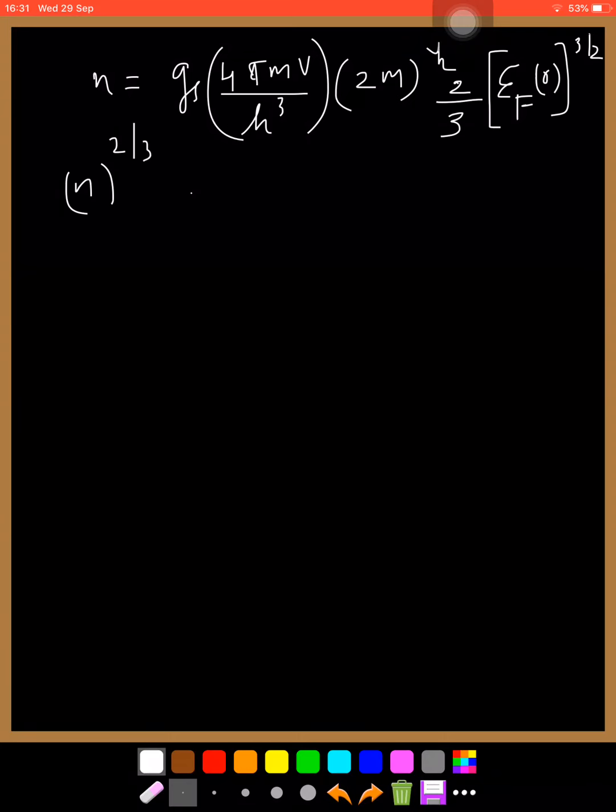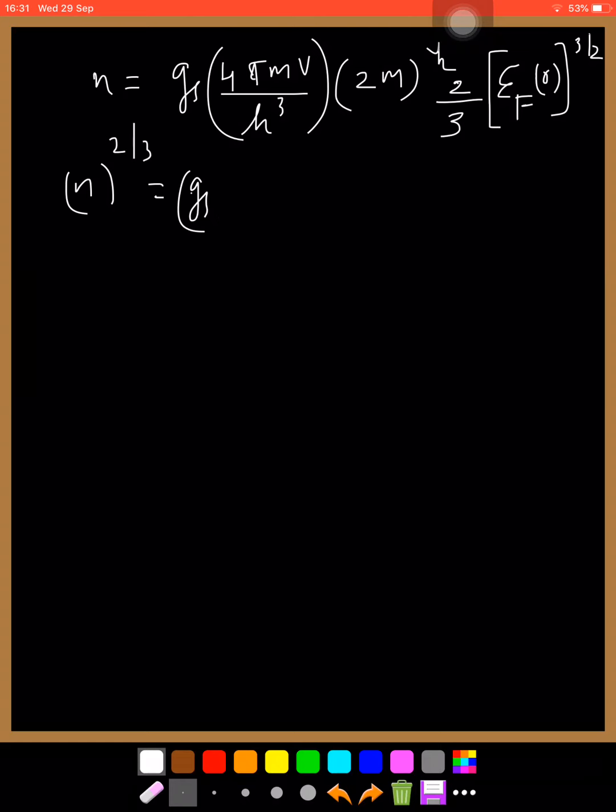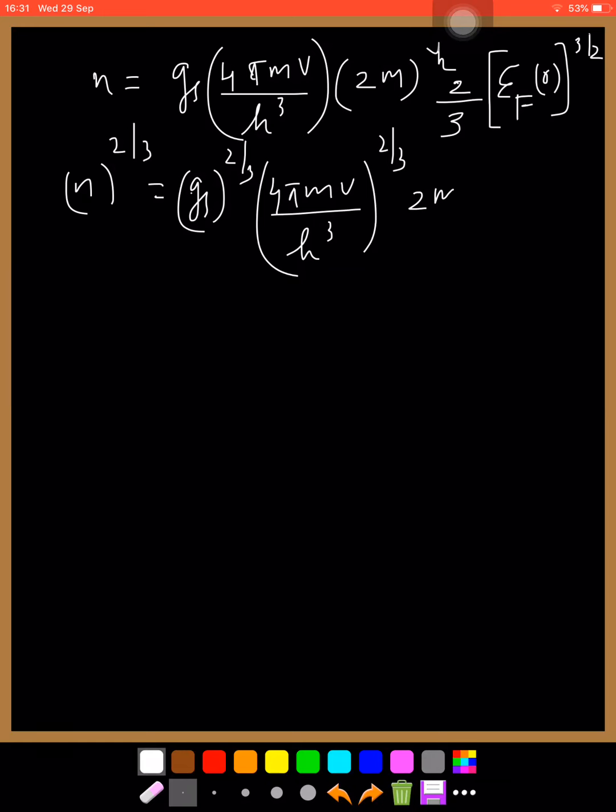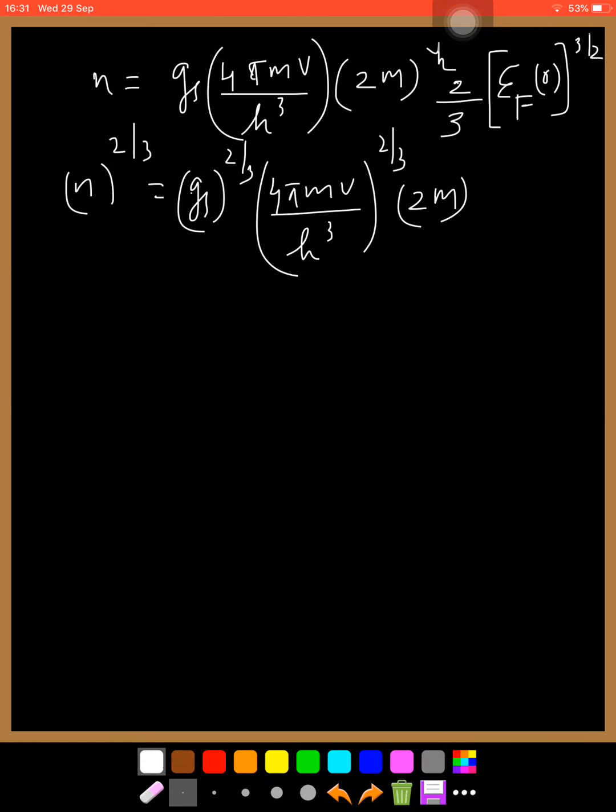N raised to 2/3, gs raised to 2/3, 4πmV by h cube raised to 2/3, (2m) raised to 2/3 into 1/2. It is 1/3. EF0.